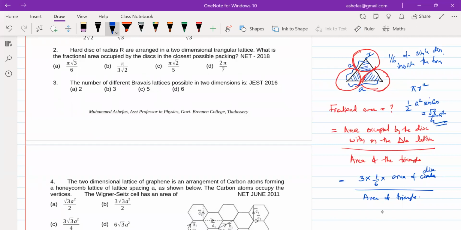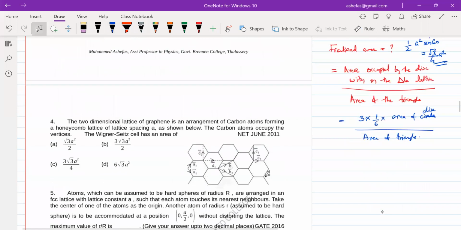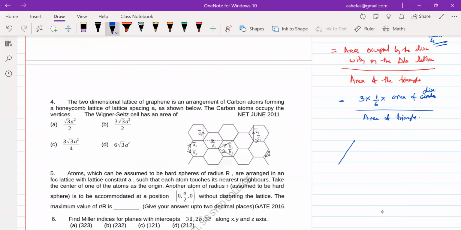So how have we found this area of the triangle? Remember, if you have a triangle with one of its sides as vector A and the other side as vector B, then the area is given by half of the modulus of A cross B, because A cross B gives the area of the parallelogram with sides A and B. Its half gives the area of the triangle with sides A and B. So what is the modulus of A cross B?